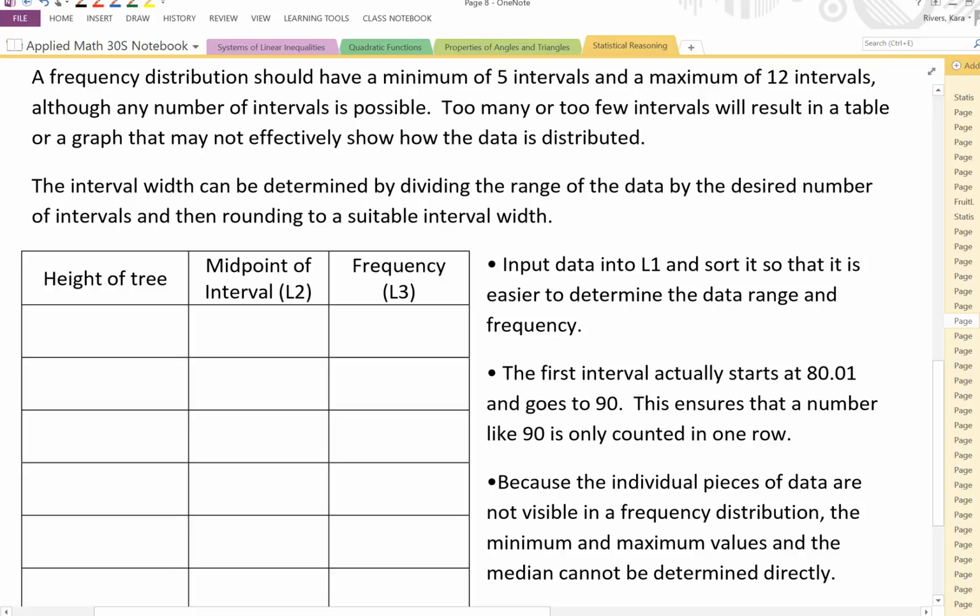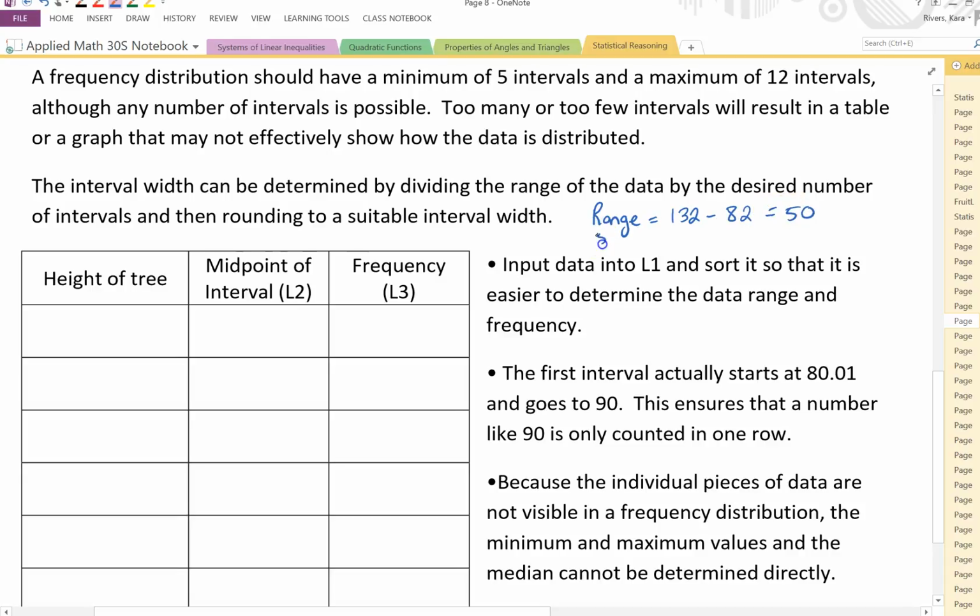So it says take the range of data, and the interval width can be determined by dividing the range of data by the desired number of intervals. So we've got our range, which was 132 minus 82, which gave us a range of 50.